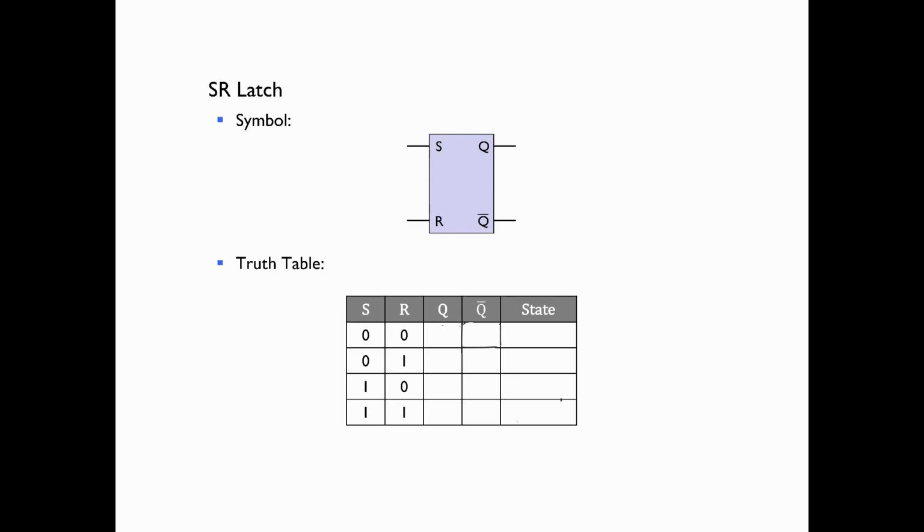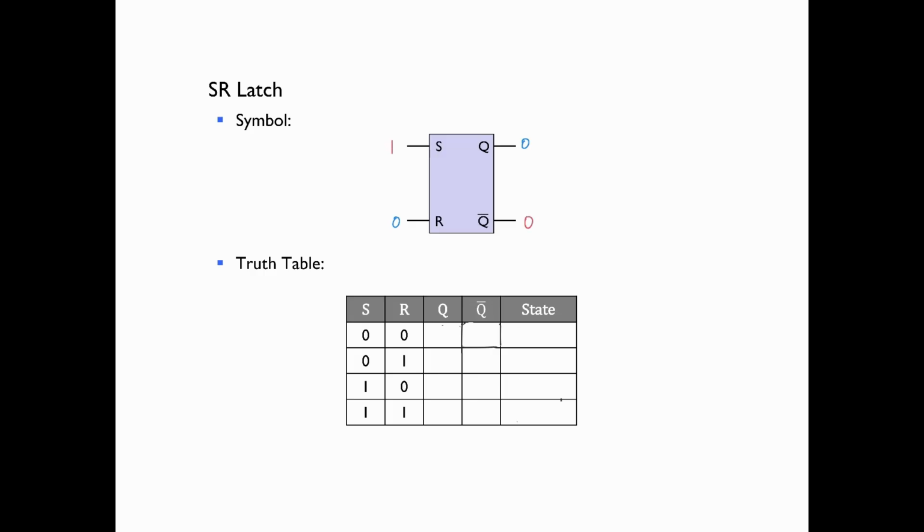So what happens here is that if I have my initial state of Q as 0 and Q bar as 1, and at the moment set is 0 and reset is 0, then if I change set to a 1, Q bar will become a 0.